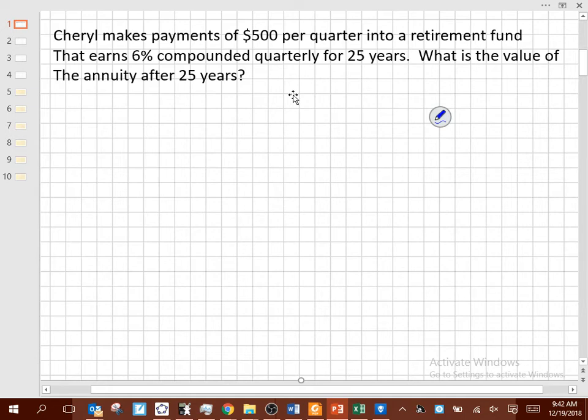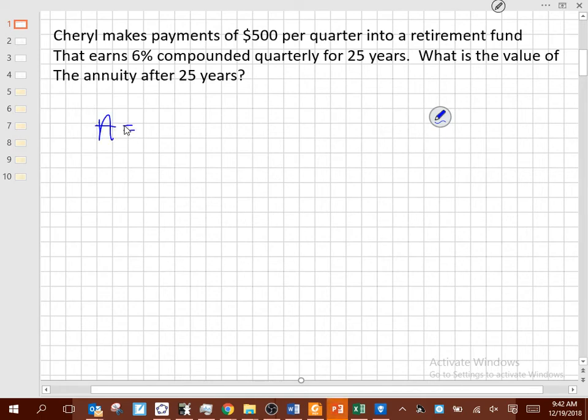When we do an annuity, I'll just write the formula here for you. We could go through how this formula is generated, but I'm not going to, saving time.